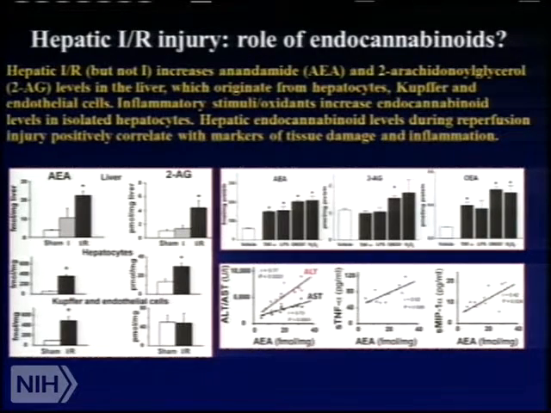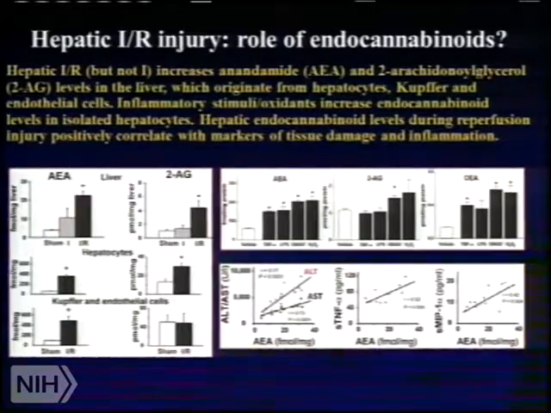And this originated not only from inflammatory cells, but also from hepatocytes. And there was a correlation of liver injury, measured by liver transaminases, with the levels of endocannabinoids in the liver. So the more endocannabinoids were released, the bigger the injury was.